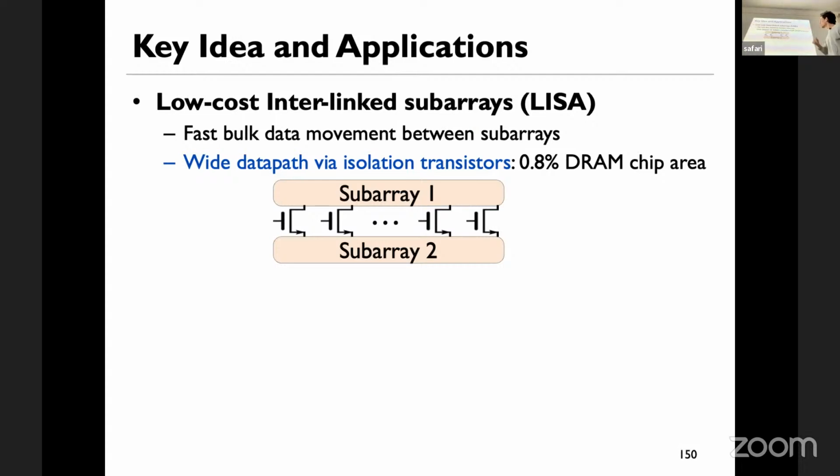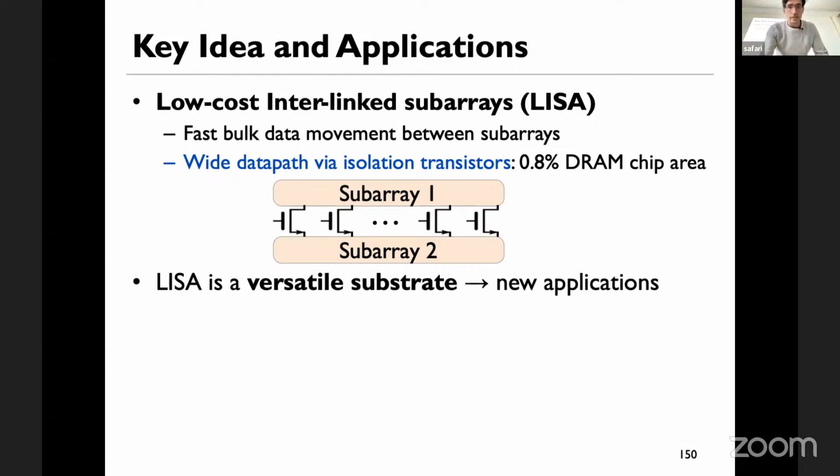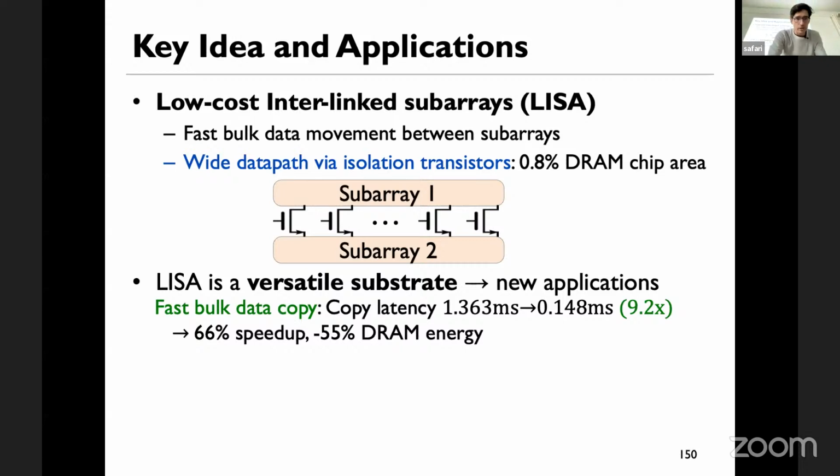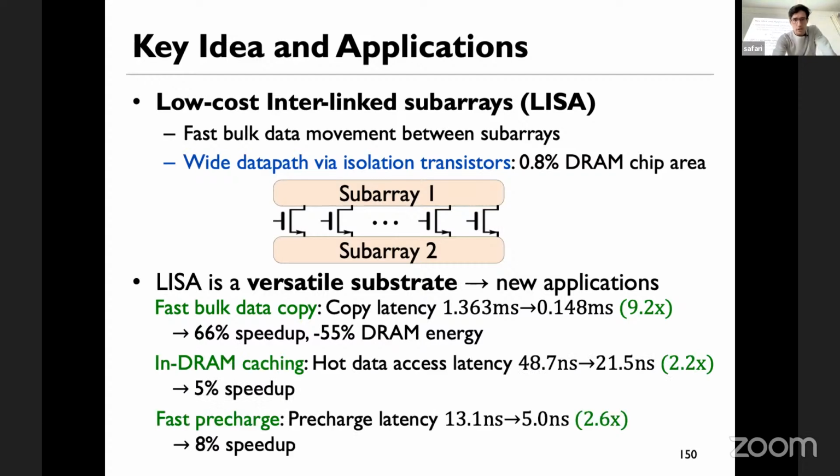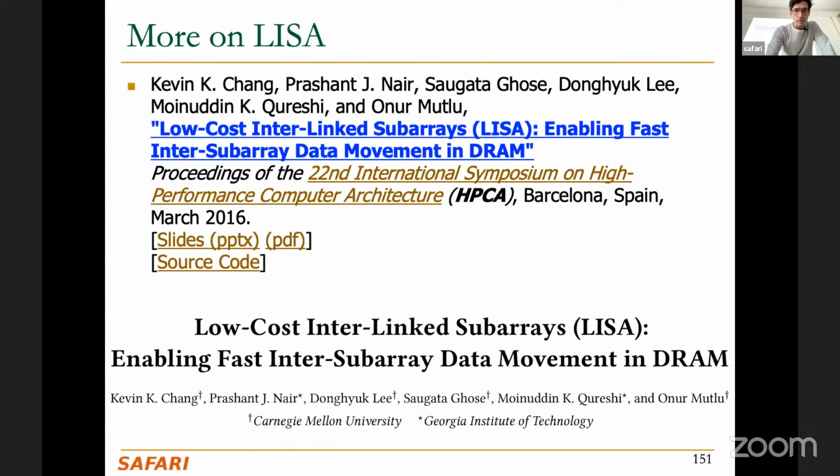And when we activate these isolation transistors, we can perform something similar to the RowClone operation: copy an entire row from subarray 1 to subarray 2. And this fast bulk data copy is not the only application that LISA provides. If you check the paper, you'll see other applications such as DRAM caching or fast pre-charge. You can find here links to the LISA paper.